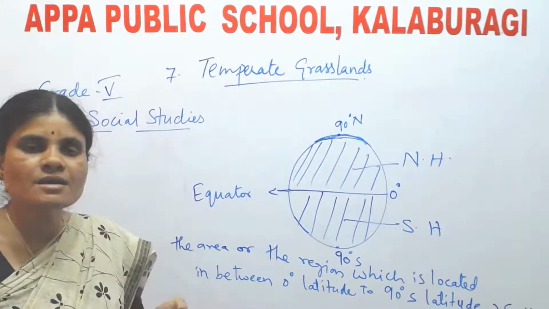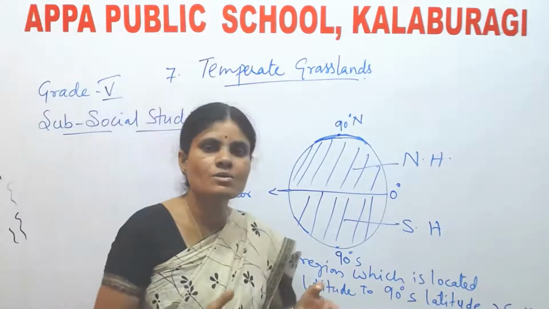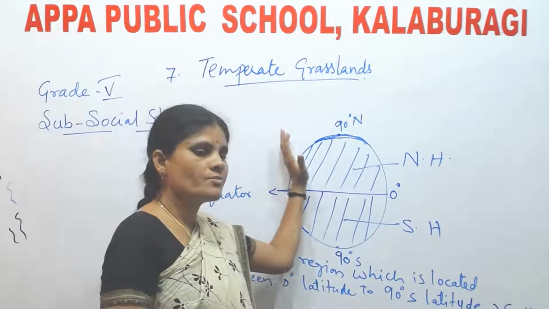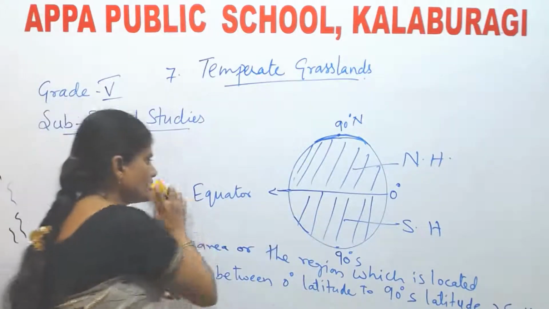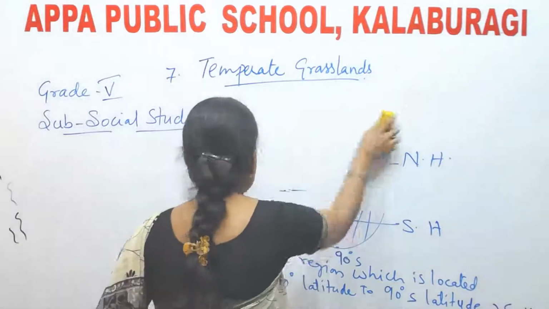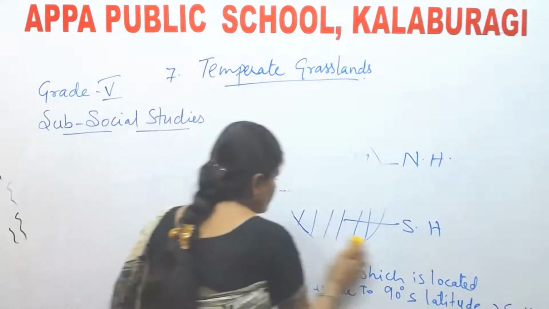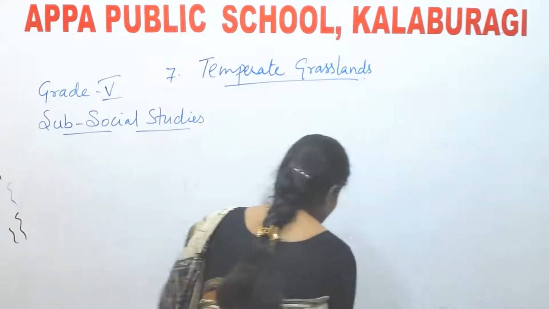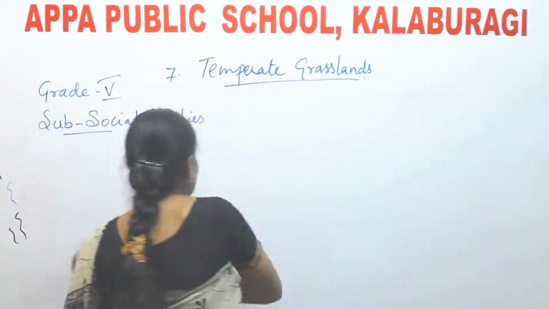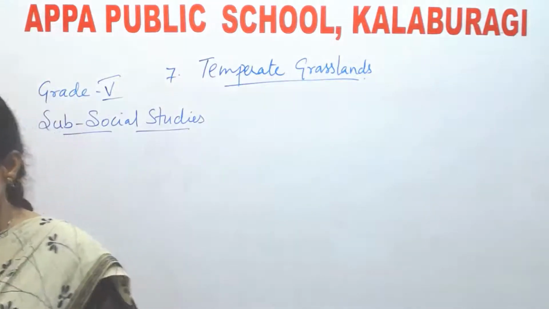The temperate grasslands are located both in the northern hemisphere and in the southern hemisphere. Let us see in which continents they are located.